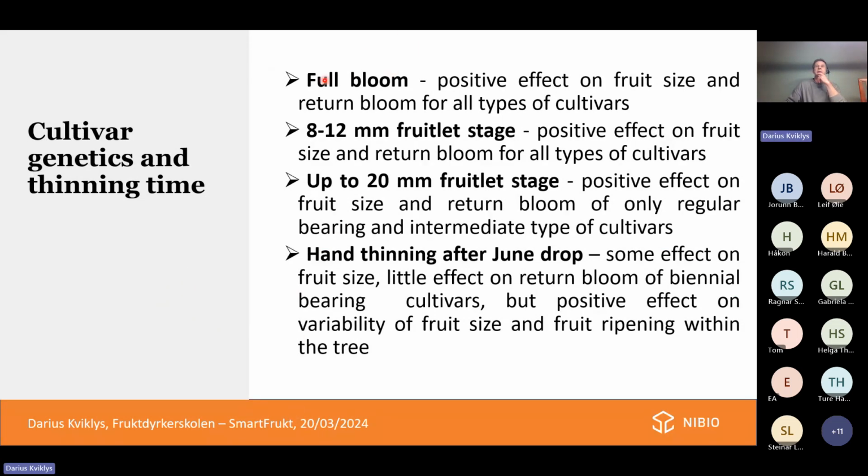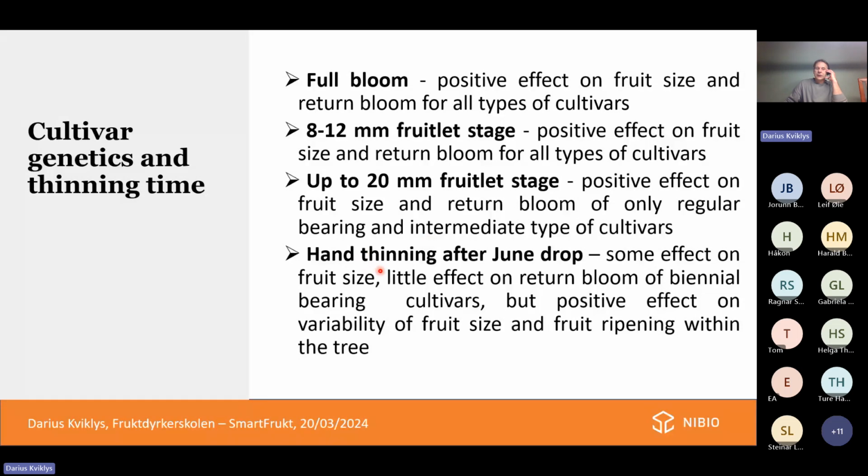At early thinning stages, like full bloom and the 8-12 millimeter fruitlet size stage, we have a positive effect on fruit size and return bloom for all types of cultivars. If we thin later, up to the 20 millimeter fruitlet stage, we still have a positive effect on fruit size and return bloom, but only for regular bearing and intermediate types of cultivars.